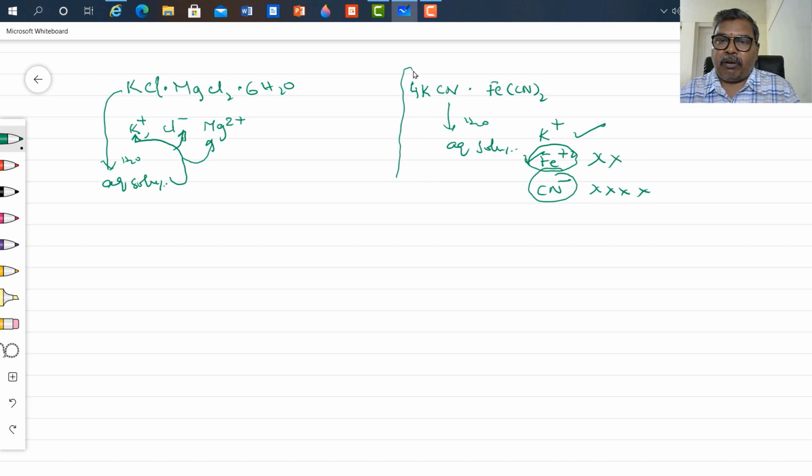So these types of compounds, in which some of the ions lose their identity in the aqueous solution, the scientists named as complex compounds, because they didn't understand the nature of bonding and the properties of these compounds.